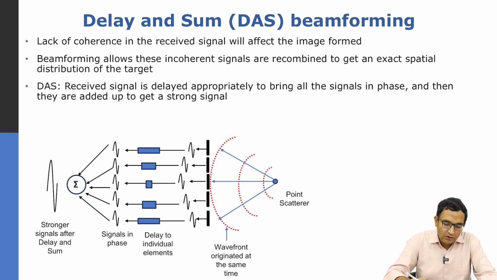Beamforming allows these incoherent signals to be recombined to get the exact spatial distribution of a target. Only when all the signals arrive at the same time or are detected at the same time are we able to make an image of the point scatterer, otherwise the scatterer will be extended.